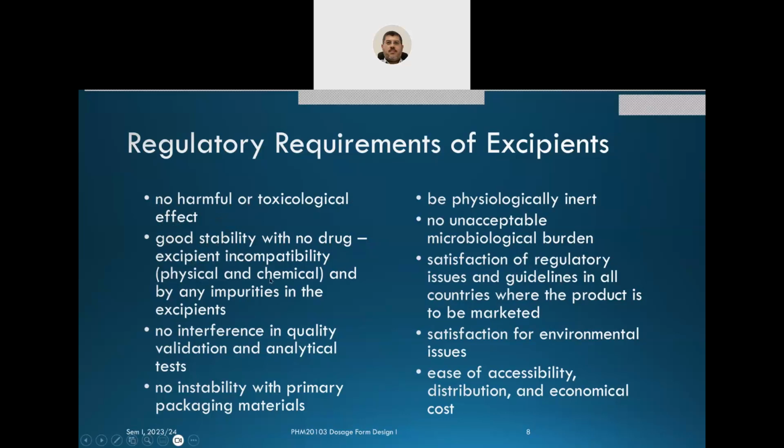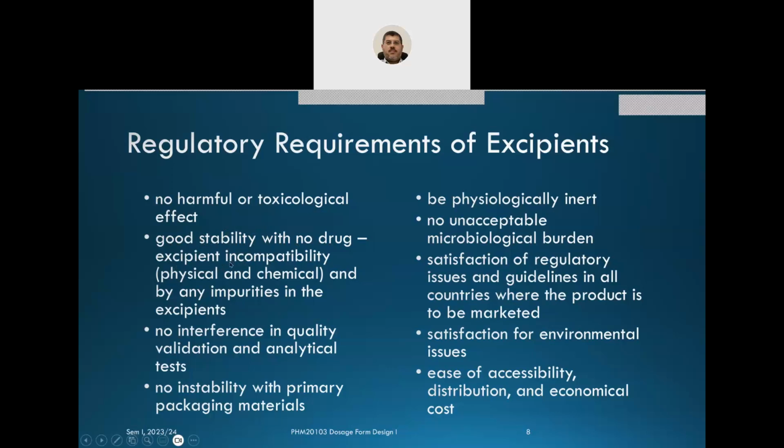Doesn't cause physical or chemical incompatibility by any impurities in the excipient. So the excipient should be stable, doesn't degrade, doesn't produce byproducts, we call it degradation byproducts, that will interact with the active pharmaceutical ingredient.